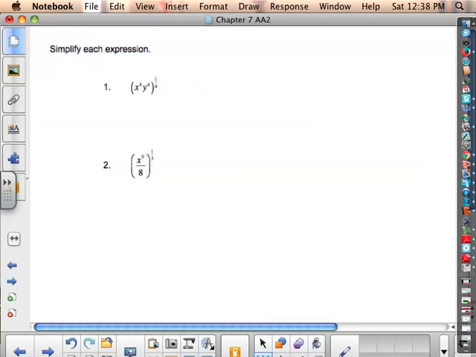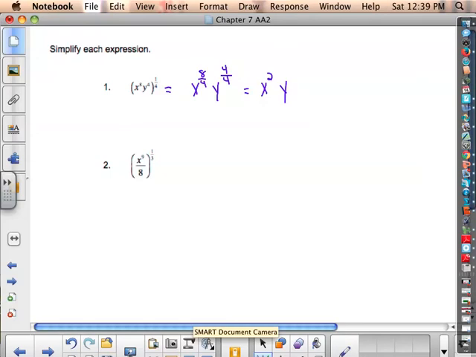Okay, so I have x to the 8 over 4 and y to the 4 over 4. That's going to give me x squared y to the first power.